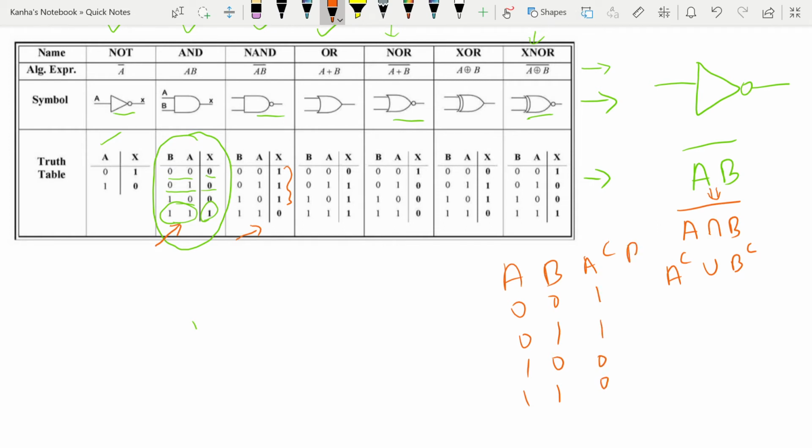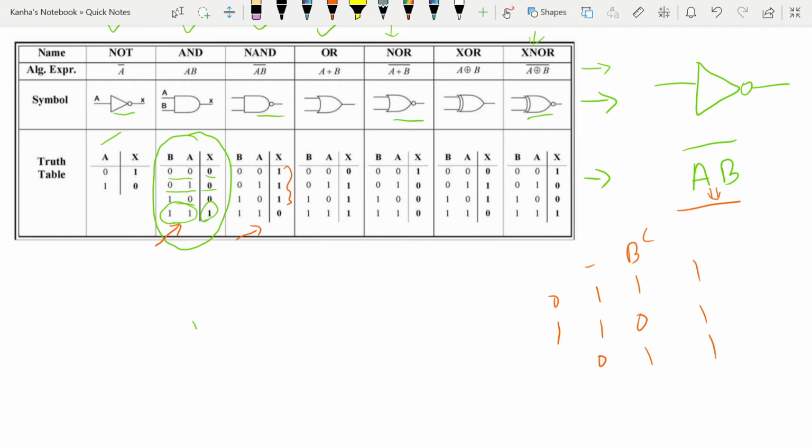B complement is 1 0 1 0. Now when you apply the union of these two, you simply get 1 here, 1 here, 1 here, and 0 here. So that is the basic principle. I think you've done the mathematics lecture as well, so you'll know the basic set theory behind it.